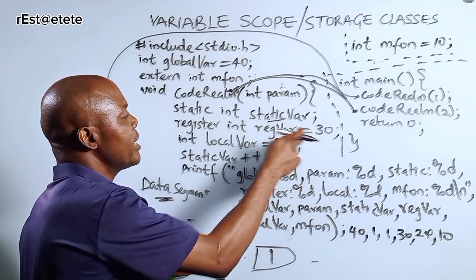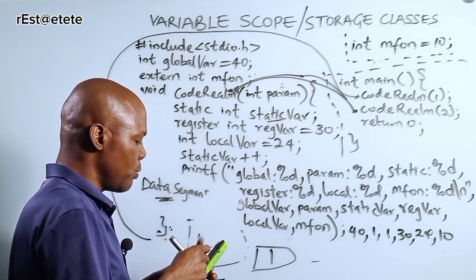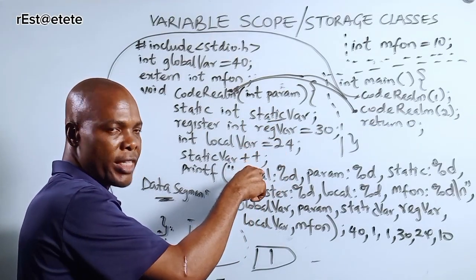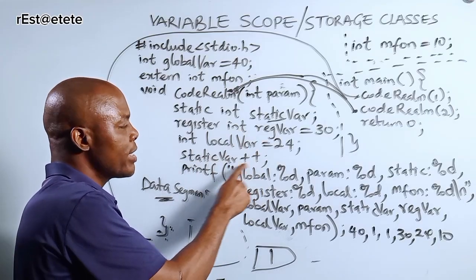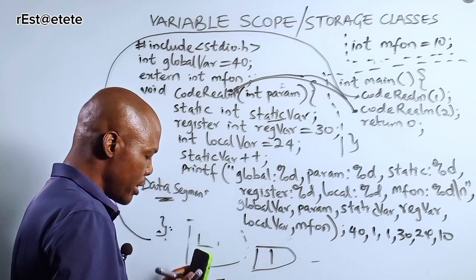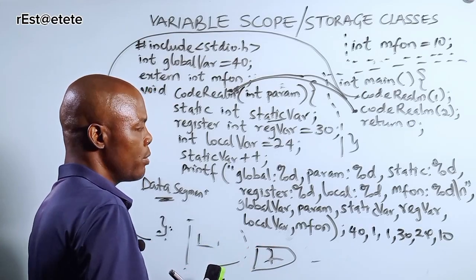Now, 30 is assigned again to the reg variable, which is in the register of the CPU. The local variable is created again, and 24 is reassigned to it. Then static is going to increase. The value of static is 1, so increasing it will now make it 2.